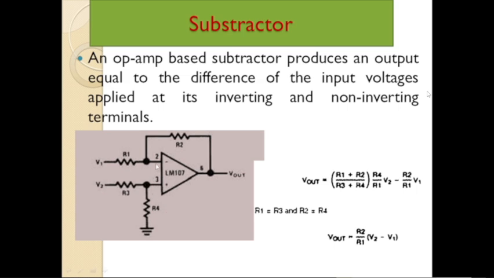So whatever input we apply across the inverting and non-inverting terminals, the difference of the two inputs is given by the output of the op-amp. So here the output is equal to the ratio of feedback resistance R2 divided by input resistance R1, into V2 minus V1.